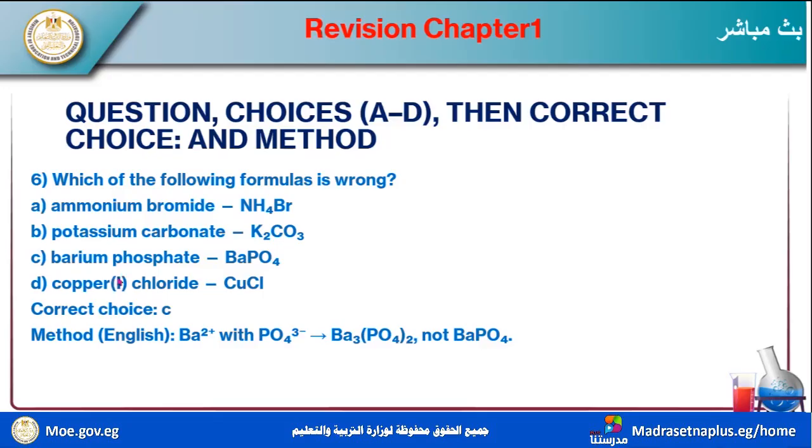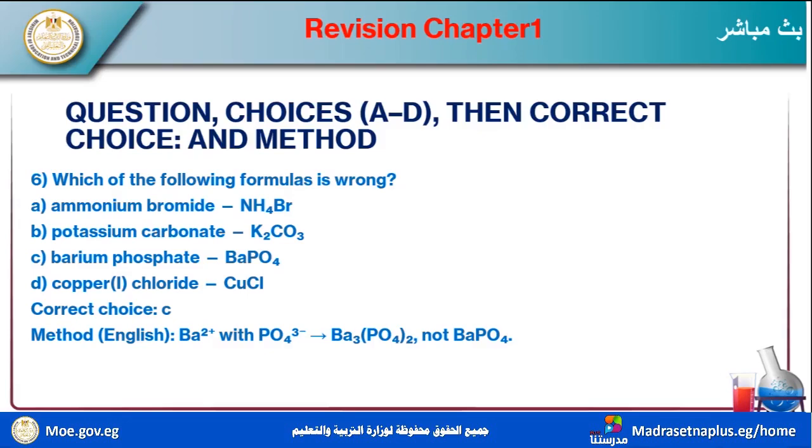Okay, CuCl, cuprous chloride. You must know the difference between copper chloride and cuprous chloride. Here copper is monovalent. Copper has two valences, monovalent and divalent.